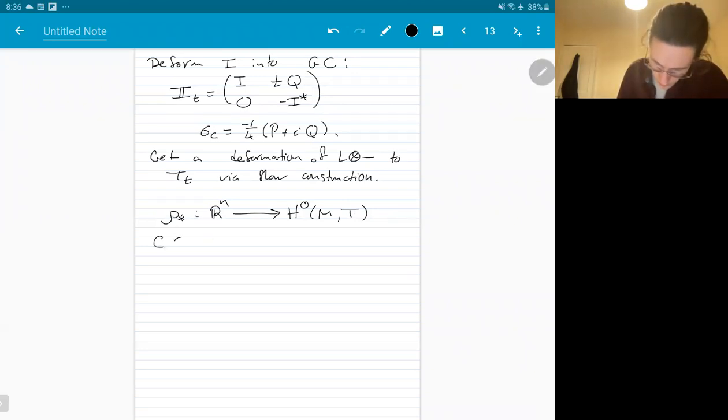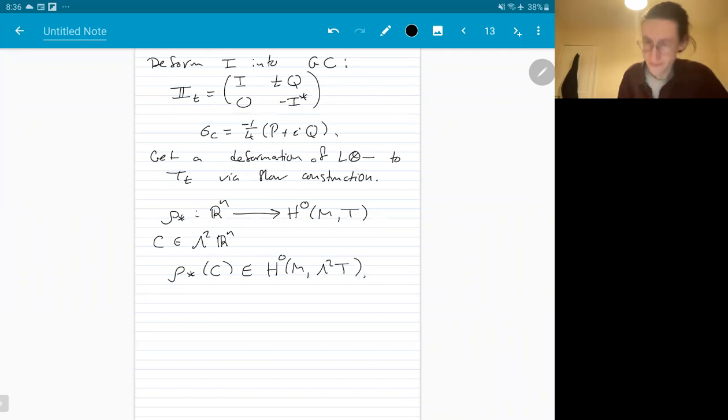The R matrix is something in wedge 2 of R^n. And so if we push it forward, it's going to be an element of wedge 2 of T. And the Jacobi identity is just automatically satisfied. Okay, thanks.